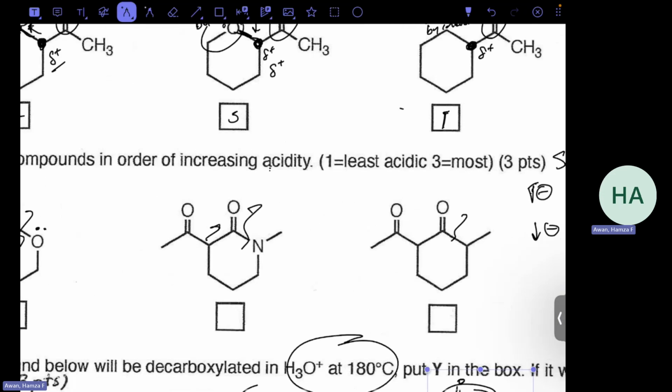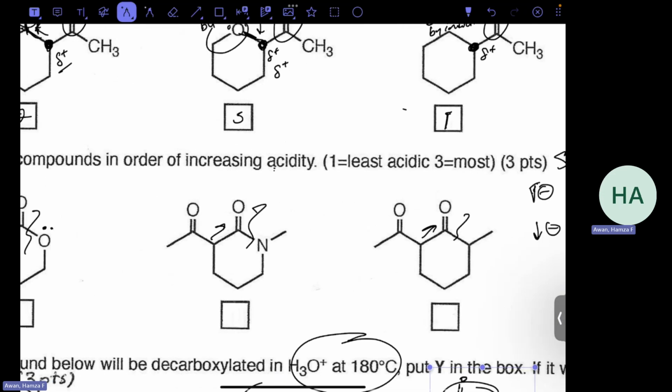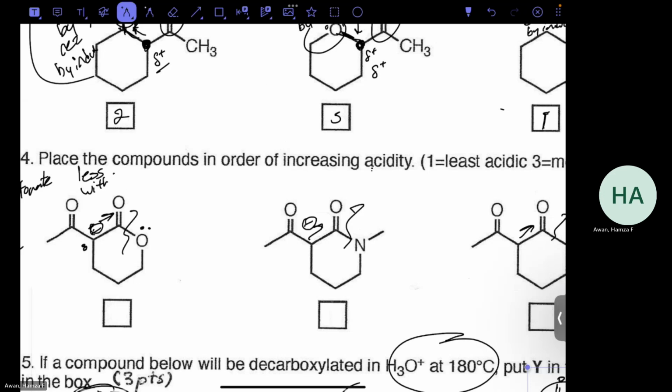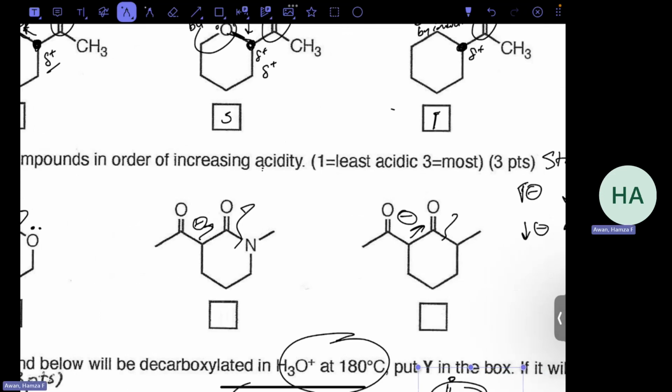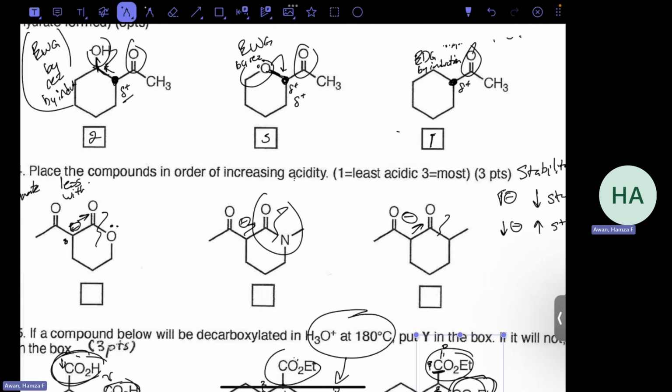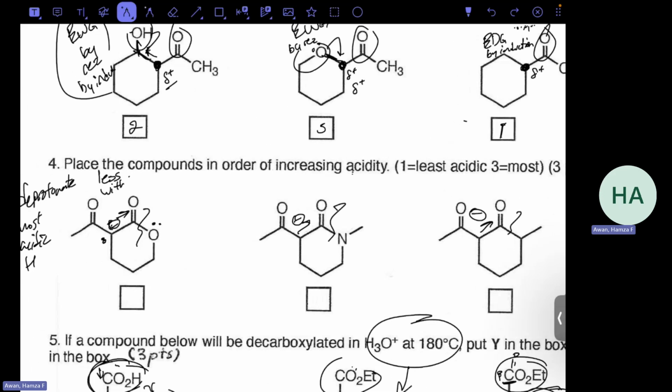This electron density is going to be pulled in every single case. Now we just have to determine how strong it's going to be pulled. So this minus charge is going to be pulled in that way, and how strong this complete area is will determine how strongly it's pulled.